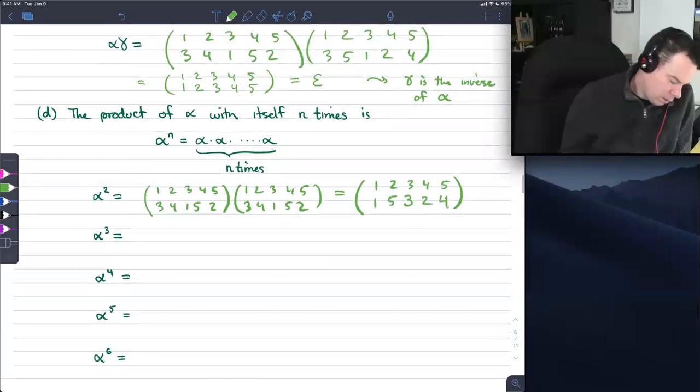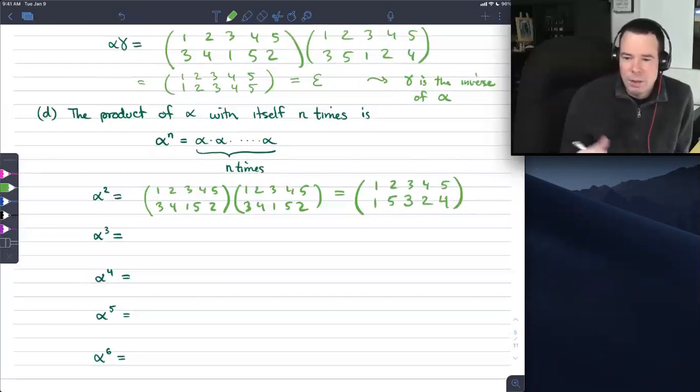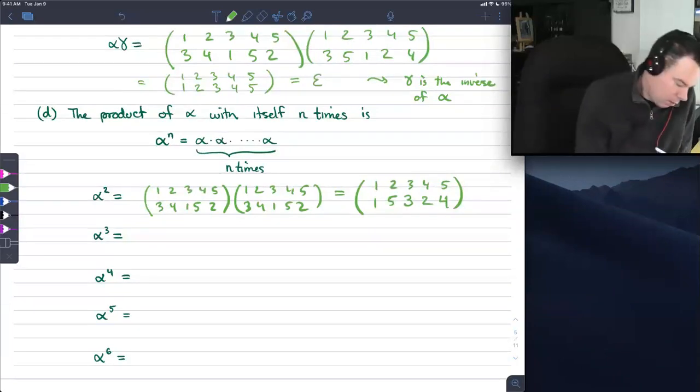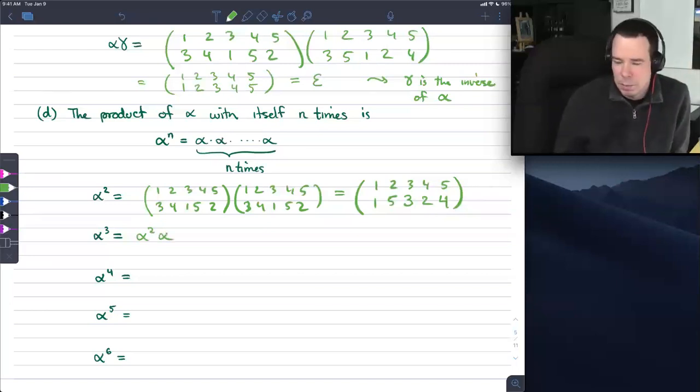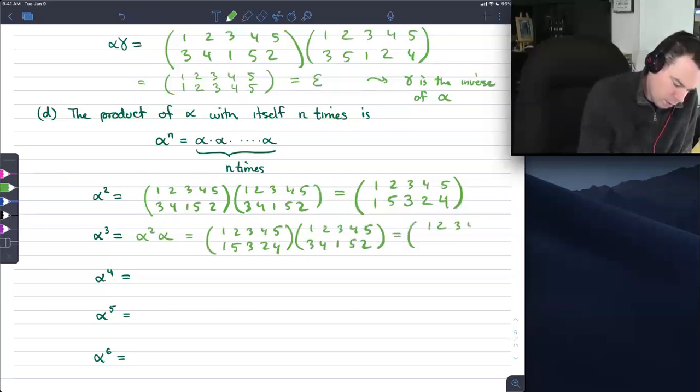And we can do alpha cubed, alpha to the 4th. What we do is we just keep multiplying these permutations by themselves. The key thing I want to point out here is that I don't have to write down alpha times alpha times alpha. I already worked out alpha squared, so I could just write it as my previous permutation, alpha squared: 1, 2, 3, 4, 5, 1, 5, 3, 2, 4, and multiply that by alpha: 1, 2, 3, 4, 5, 3, 4, 1, 5, 2, and work out what that value is.